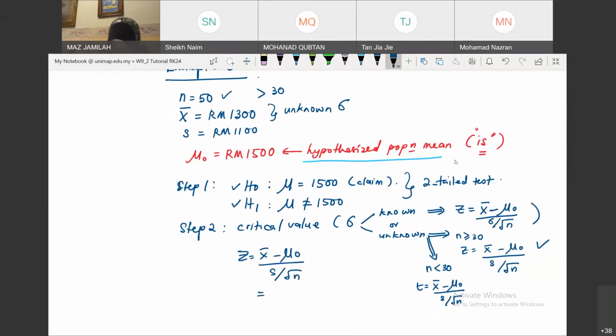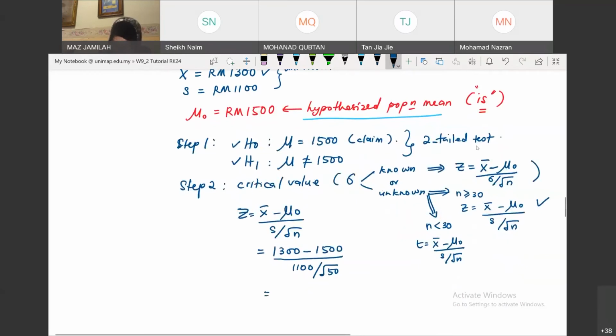Your mean is 1,300, so 1,300 minus 1,500, the hypothesized value, divided by 1,100 divided by square root of 50. In this case, you will get negative 1.286.